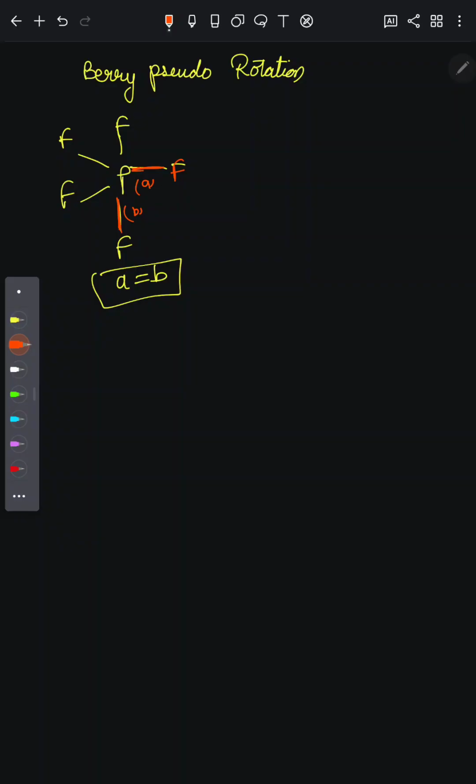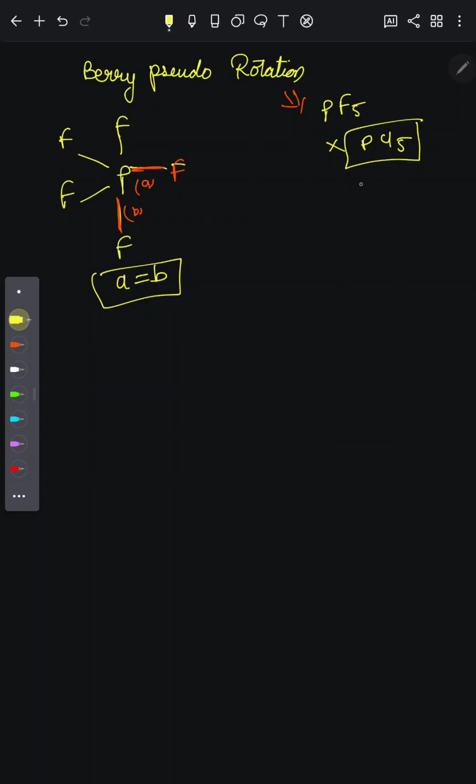So here the rapid exchange of the axial and equatorial bonds can be seen. This can only be seen in the molecule of PF5. It cannot be seen in the molecule of PCl5.